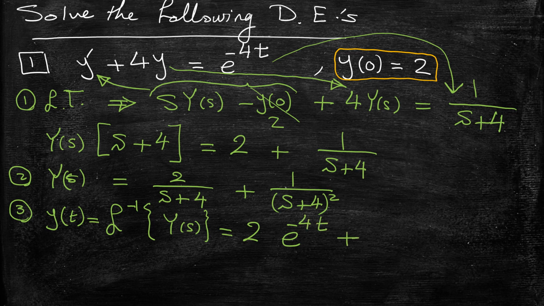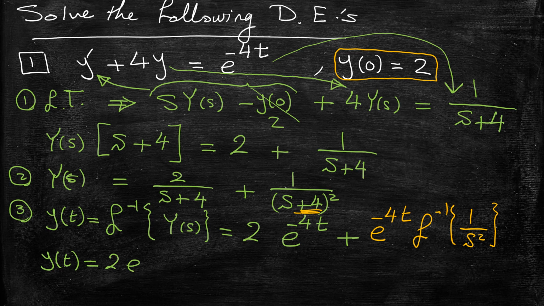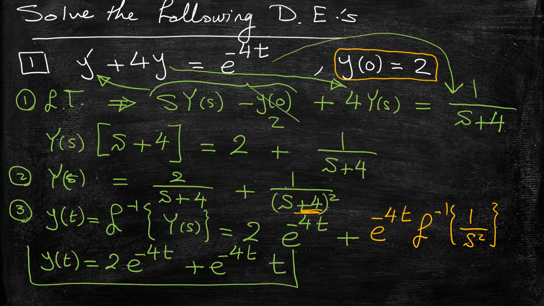And for the last term, this one uses the shifting property for 1/s^2. So it's e^(-4t) times the Laplace inverse of 1/s^2. This means y(t) will be 2e^(-4t) + e^(-4t) multiplied by t. And this is your y(t).